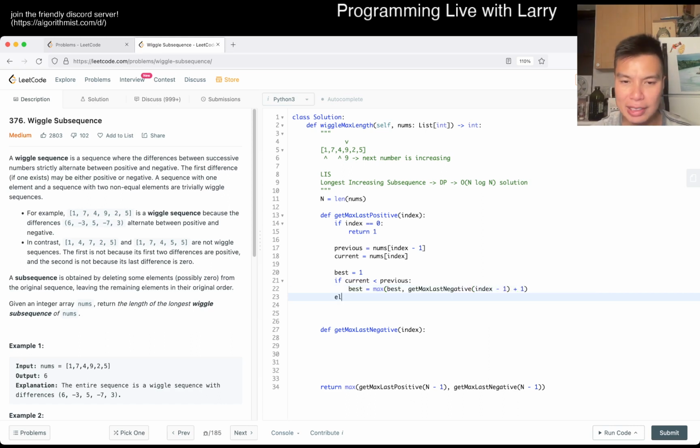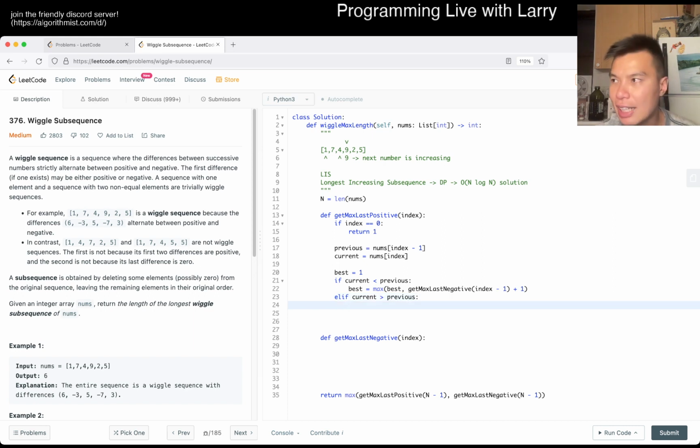And then now else if the current is bigger than the previous, then what happens, right? Oh, I see. Okay, I think there was a part that was missing, right? So if this number is bigger than the previous number, then positive of index minus 1, right? And then just return best.